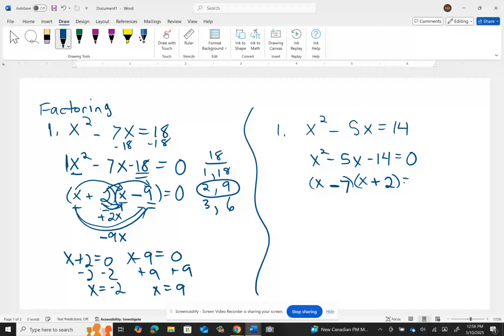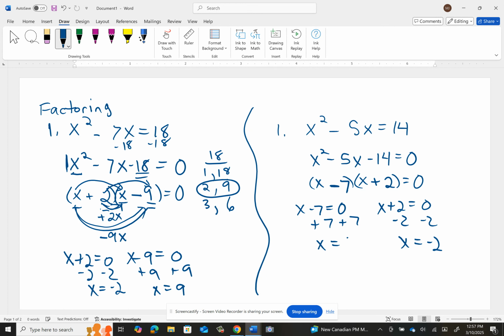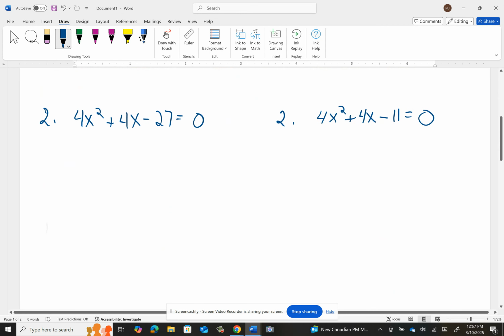I FOIL that back out, make sure I'm correct, and once I know I'm correct, I set each factor equal to 0 and solve. So subtract 2 from both sides, and I wind up with x equaling negative 2, and add 7 to both sides, so x equals 7. So that's by factoring.